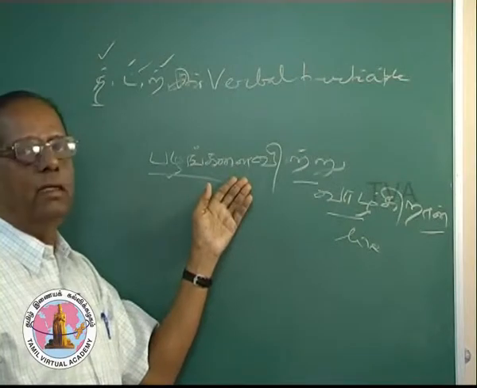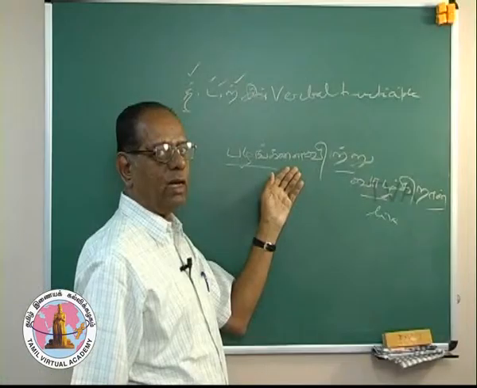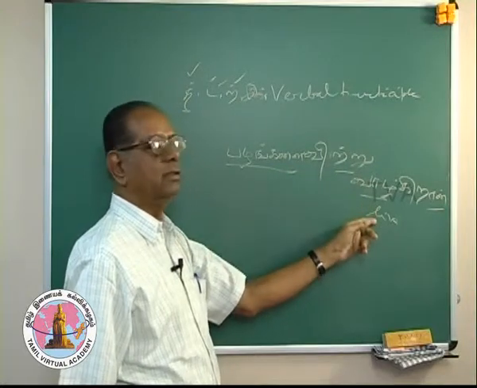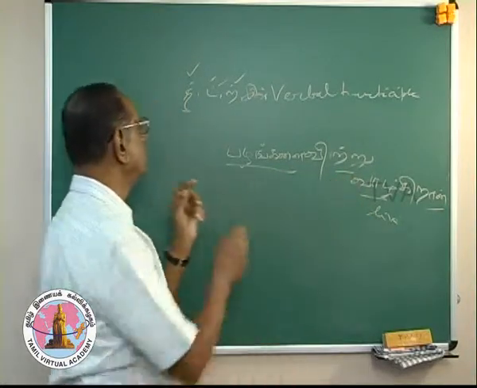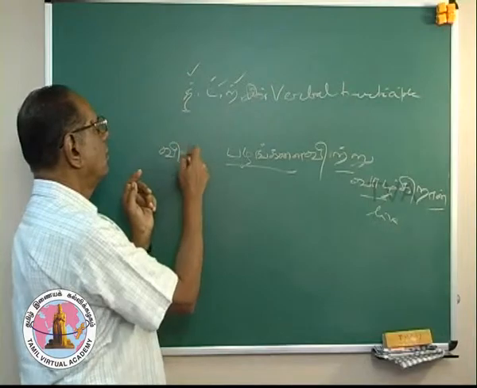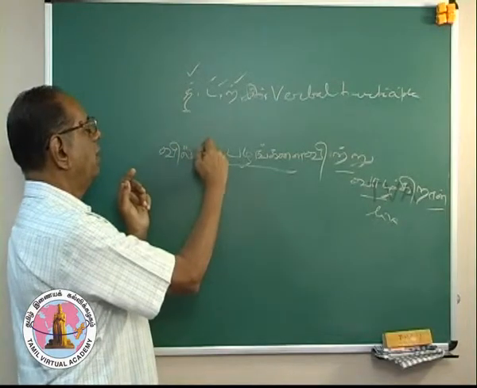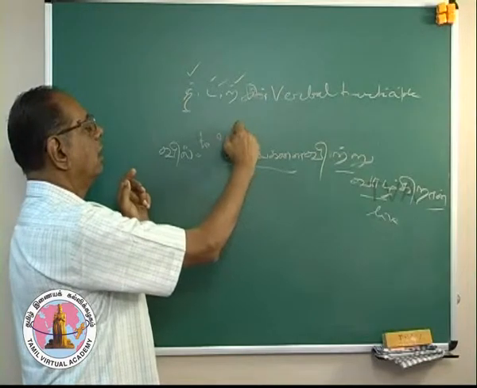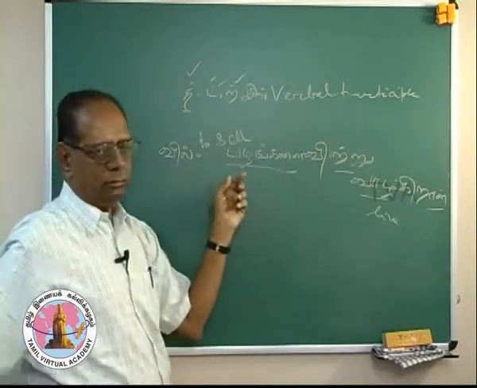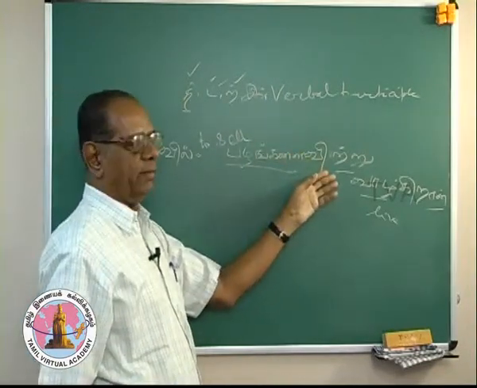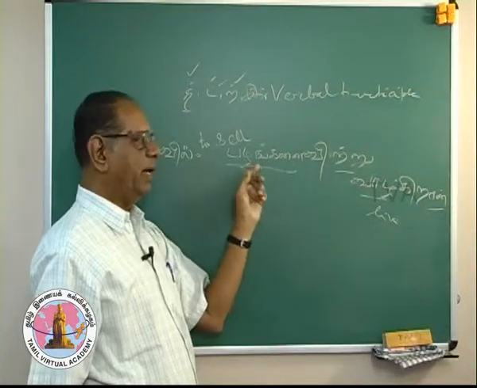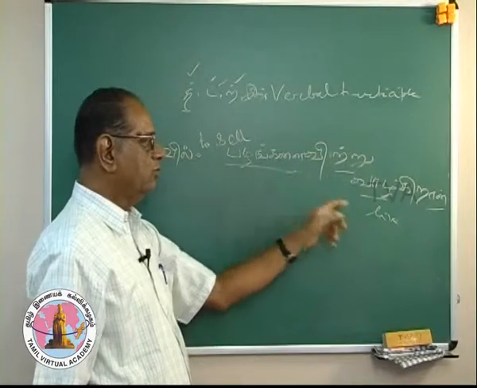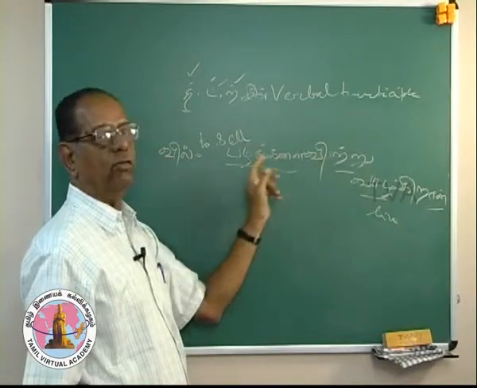Parangal, accusative, case marker I. பழங்களை விற்று. What is the root? We have already learned that. விற்று, selling. அவன் பழங்களை விற்று வாழ்கிறான். He lives by selling fruits.